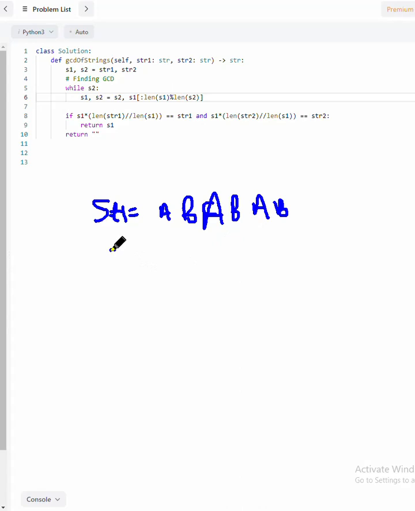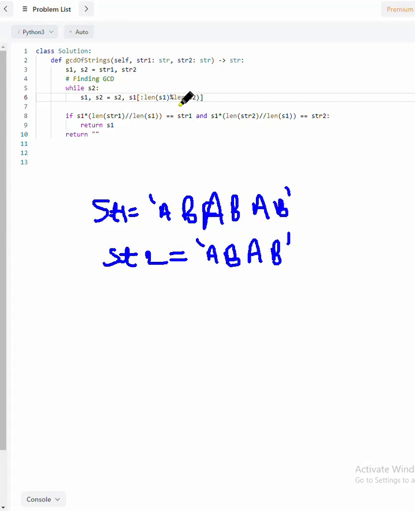Now take another string, S2, string 2, which is given as AB, again AB. So this has been given to me.